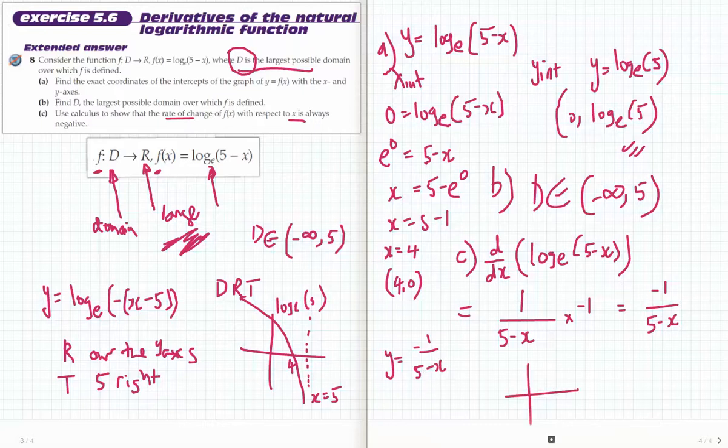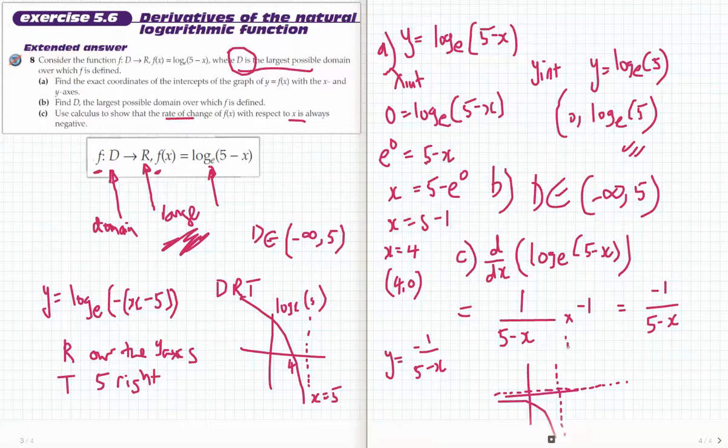It has an asymptote at 5, and since there's nothing added, it has another asymptote at 0. We normally sit here and here, but it's been reflected over the x-axis and the y-axis. Therefore, it's going to be in this position.